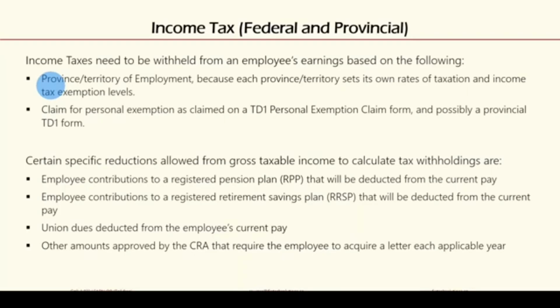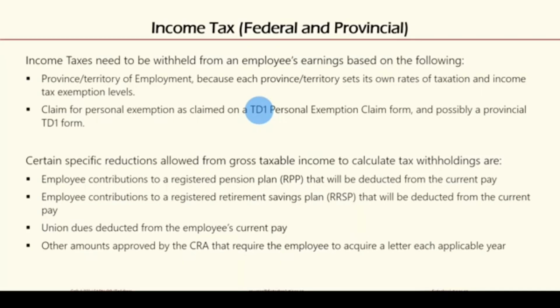So that's the first requirement. The second is if there are any personal exemptions being claimed by the employee or the individual, and that can be seen in the TD1 personal exemption form. One is for federal, and the second is for the provincial level as well. Now, if someone is having trouble understanding the TD1, TD1 is a big topic.